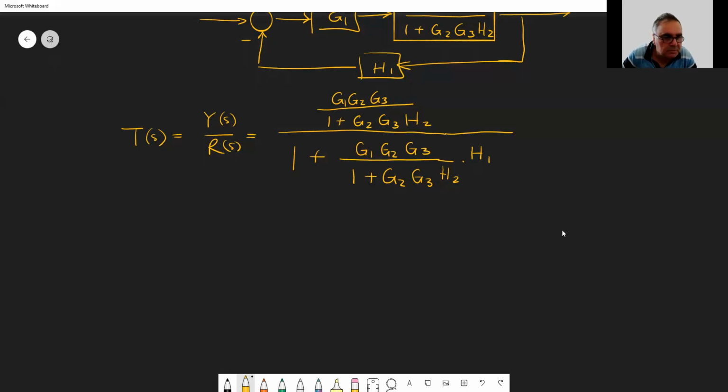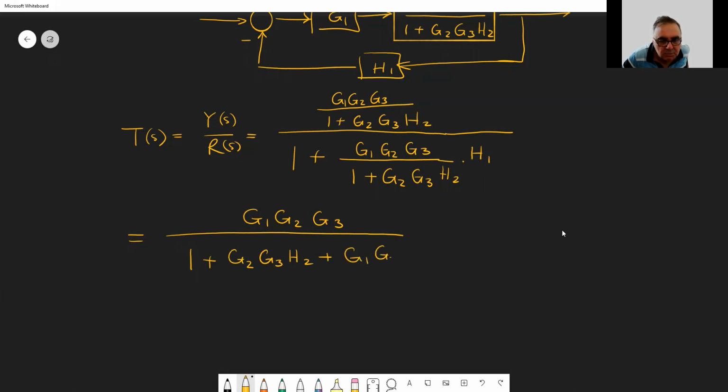So if you substitute in the details, you will equate the numerator, denominators, etc. And eventually you will get G1, G2, G3, over 1 plus G2, G3, H2 plus G1, G2, G3, H1.